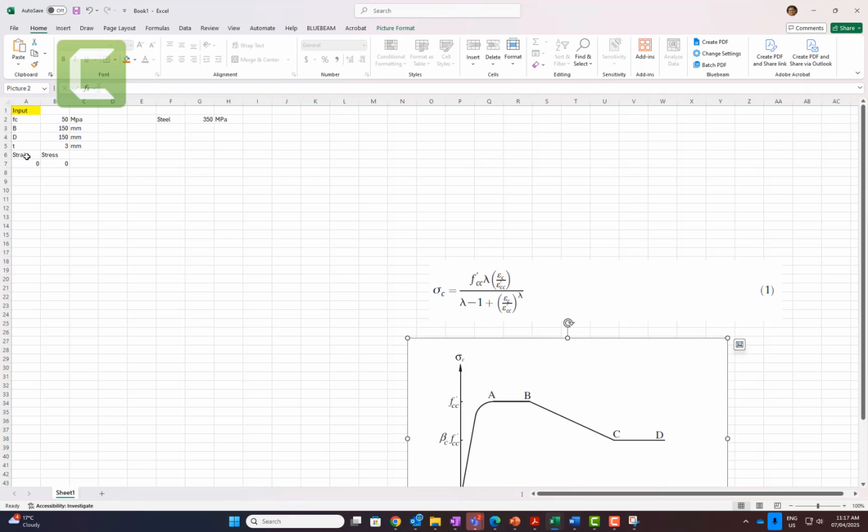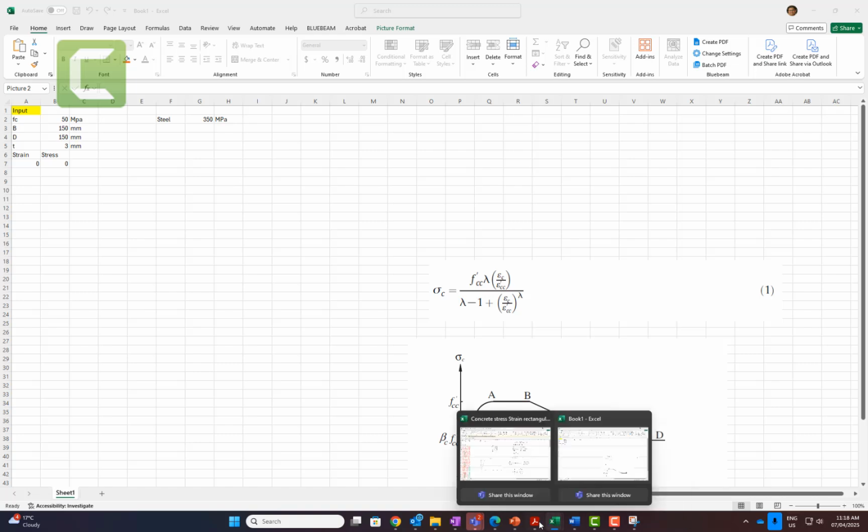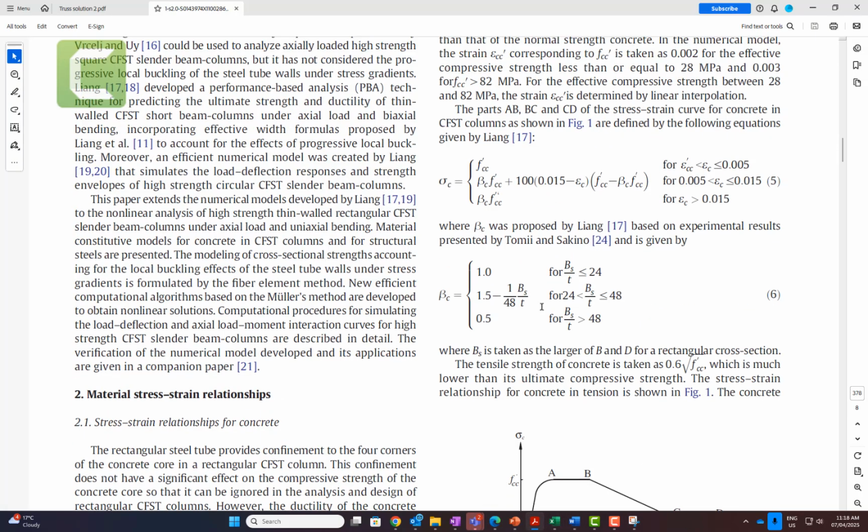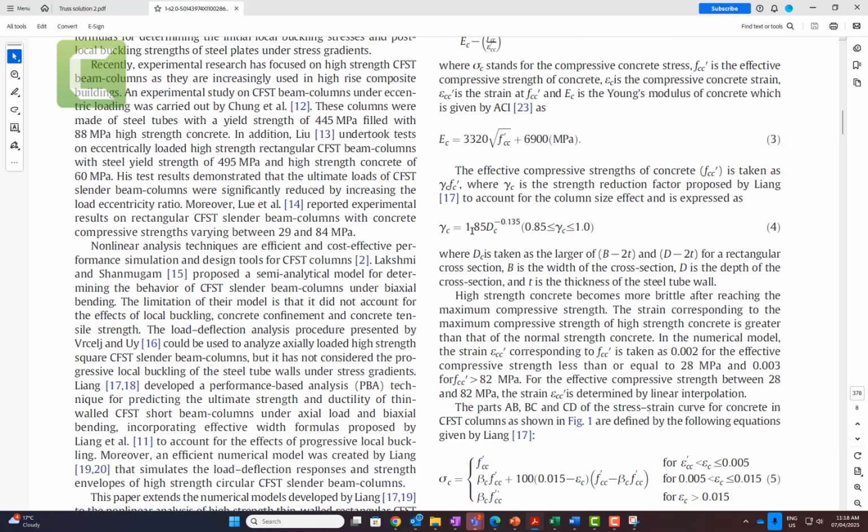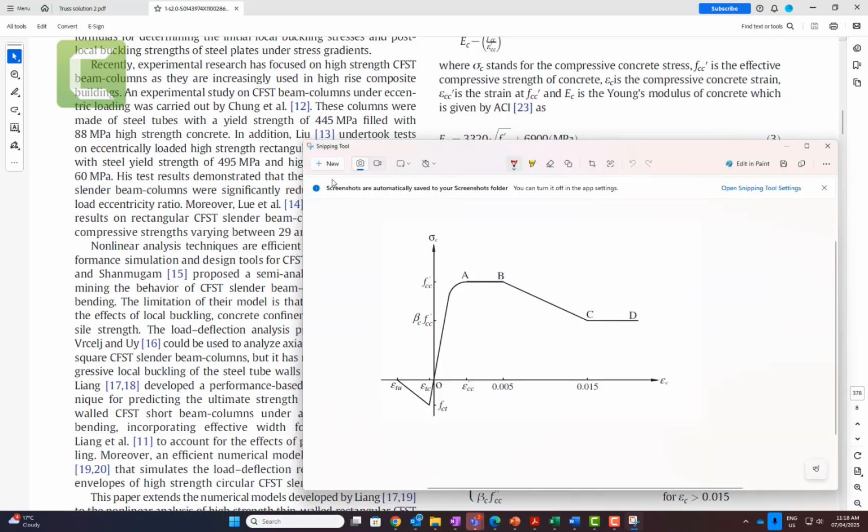EC, this is epsilon C, is basically strain, and this gamma value that we need, so lambda we need it. So let's calculate these values, and before that we can just calculate these ones. Let me get these equations as well.